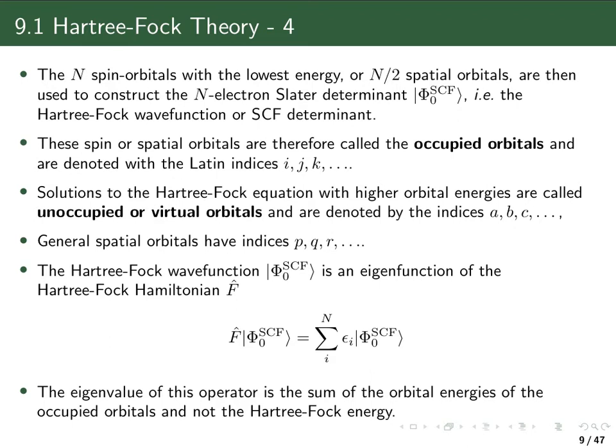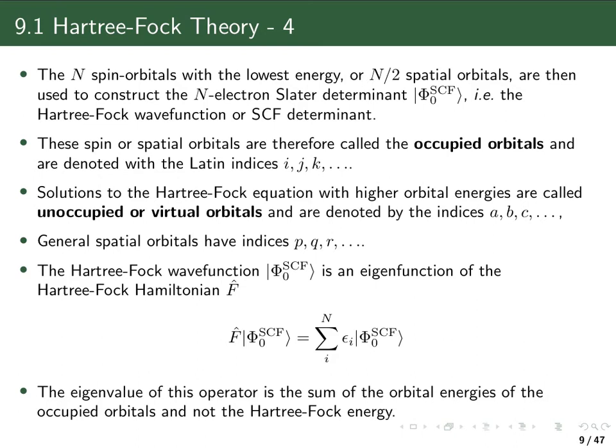Now, the Hartree-Fock wave function, meaning this single Slater determinant made from the n spin orbitals with the lowest energy, actually turns out to be an eigenfunction of this Hartree-Fock Hamiltonian. That's not very difficult to see, because the Hartree-Fock determinant is an antisymmetrized product of the spin orbitals, whereas this Hartree-Fock Hamiltonian is just the sum of the different Fock operators.